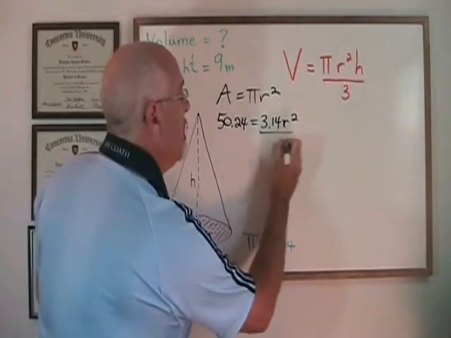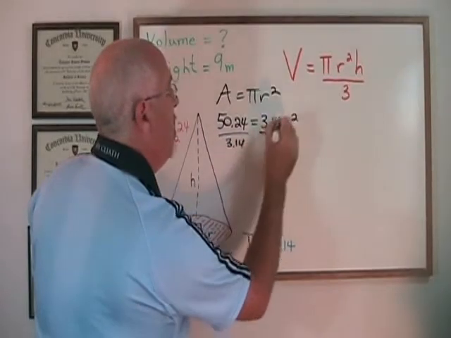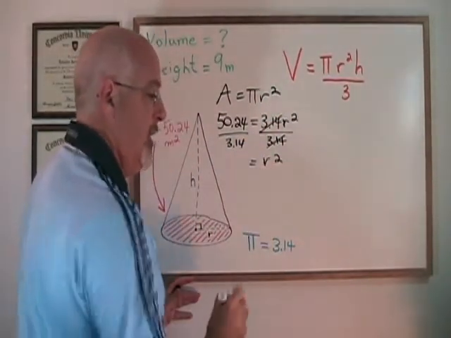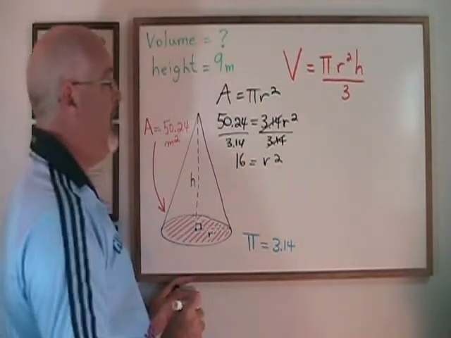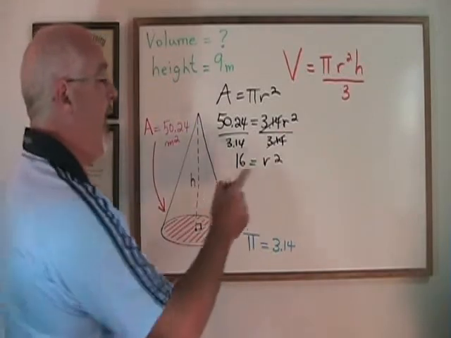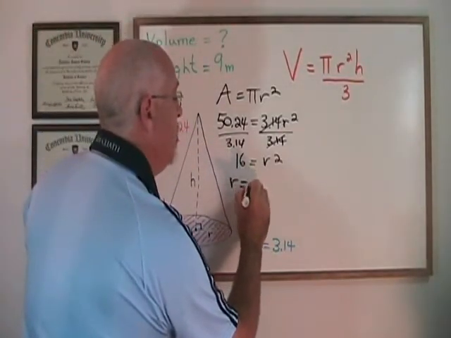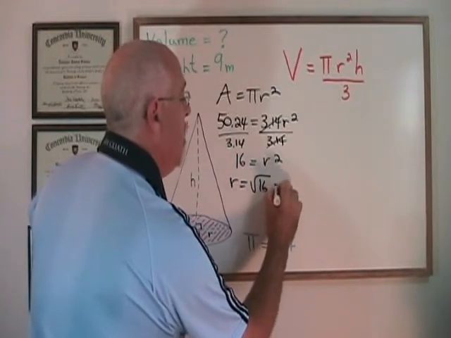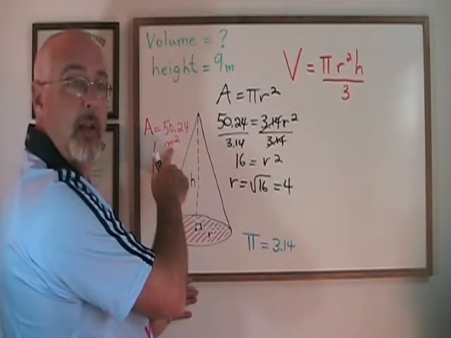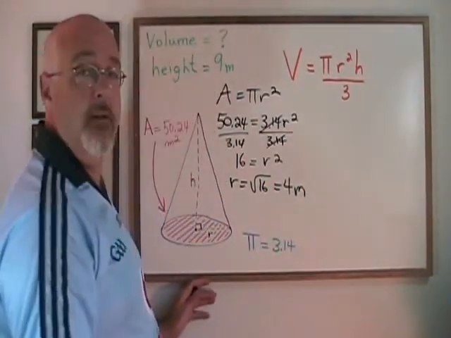If we divide both sides by 3.14, these cancel. R squared is equal to 16, which is the answer you get when you divide 50.24 by 3.14. And we need to know our radius, not the radius squared, so r is equal to the square root of 16, which is 4. Since we were dealing with meters squared in the beginning, the radius is a distance, and its unit will be meters.